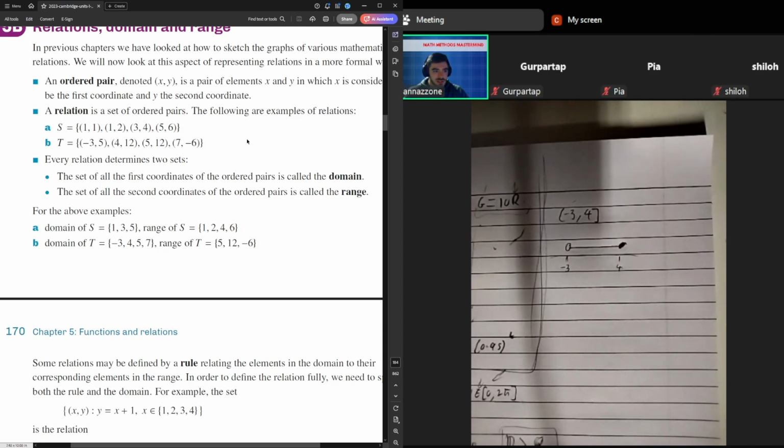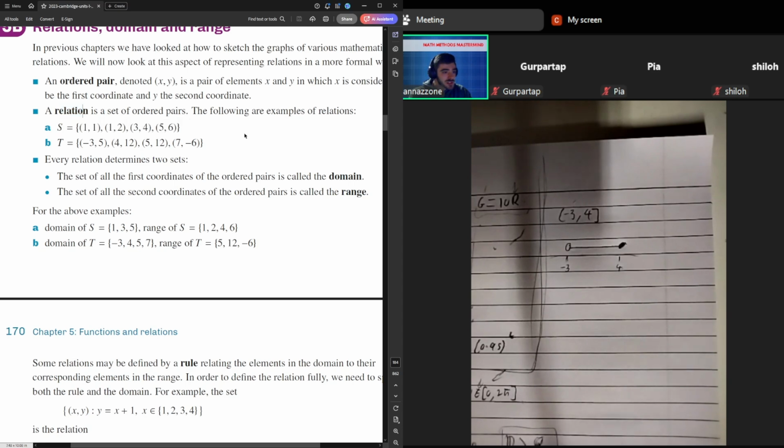Not every set of points can fit nicely into a rule. Some of them are just random dotted out spots, and it's really hard to model what that is. Under those circumstances, they will give you that information as a set of ordered pairs, which just means you've got some x value and some related y value. So this is the point (1,1), followed by the point (1,2), and so on and so forth.